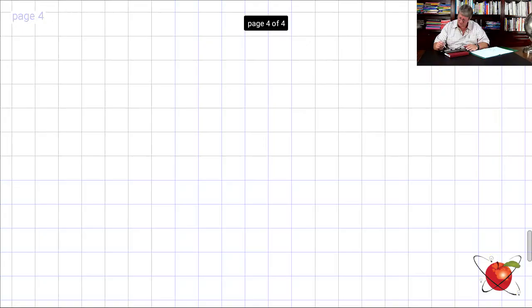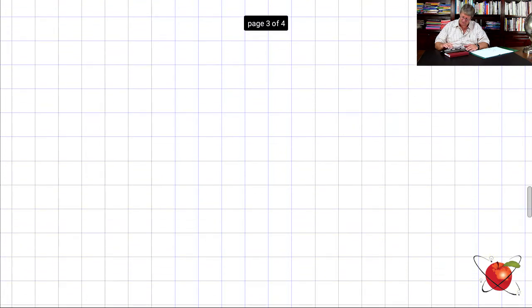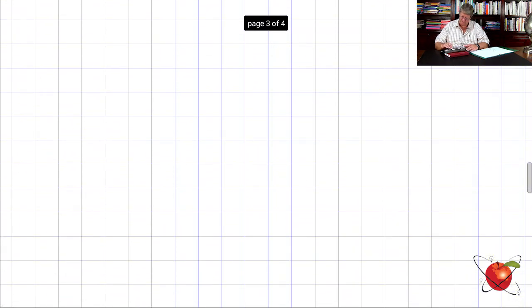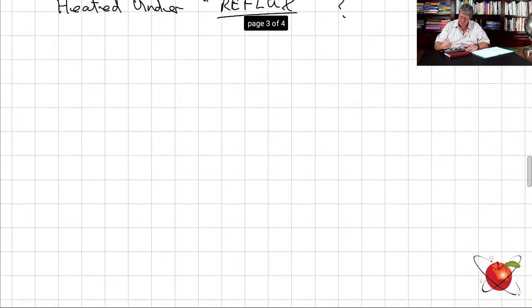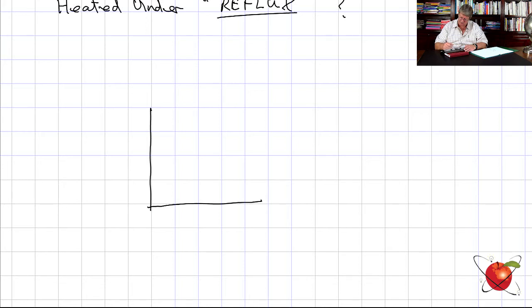So what we do is, sorry, that's not what I wanted to do. I wanted to actually just have a place to make a drawing here. It's heated under reflux. Essentially, it looks like this. We've got our beaker over here, and inside here, I'm going to put our mixture.